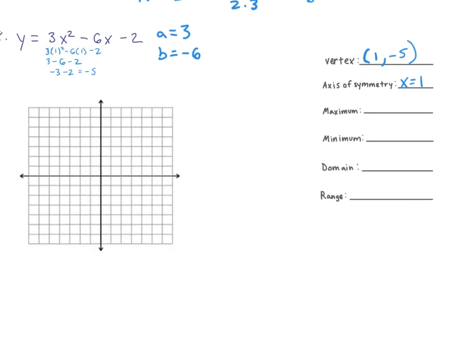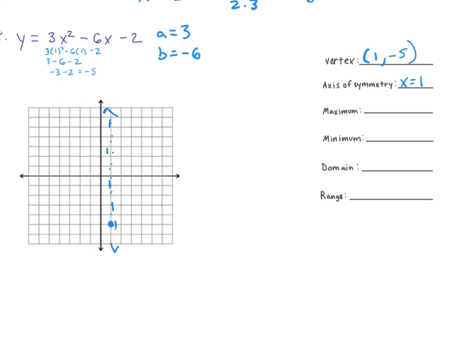So we go to our graph. We're going to put our vertex. Go to the right 1, down 5. And our axis of symmetry just goes right through it. Okay. How do we find our second point now?